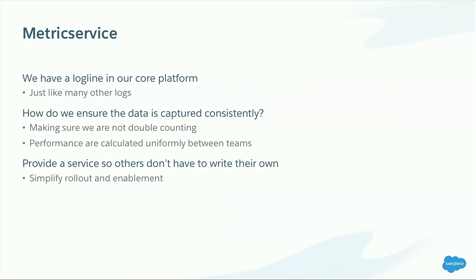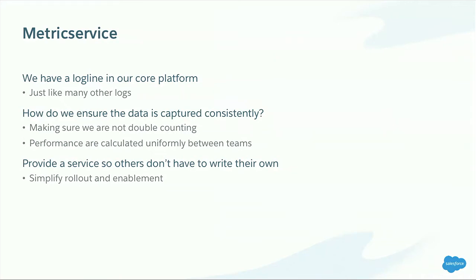So how do we get this set up? The first step is really to set up a metric service. This is where we build into our core platform. Our logs are just like any other logs within the platform itself, user login and Visualforce page and whatnot. The difference here is we need to make sure we're capturing the data consistently. A login log is basically counting whenever someone logs in and incrementing by one.